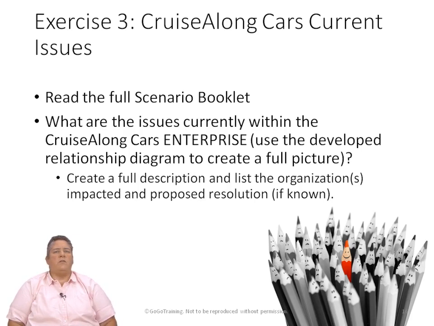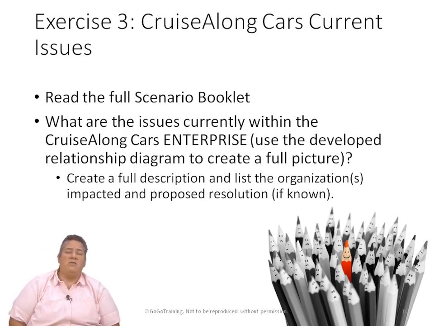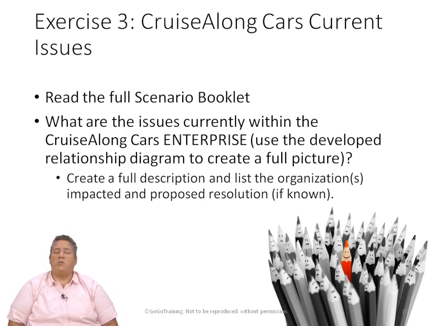I want you to create a full description and list the organizations that are impacted as well as the proposed resolution, if it is known. So again, you're going to create a table. But think about what are the current issues, who's involved, and also the impact to the organization.